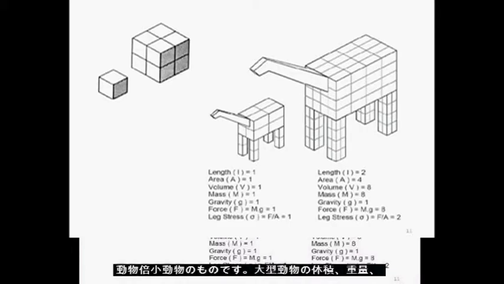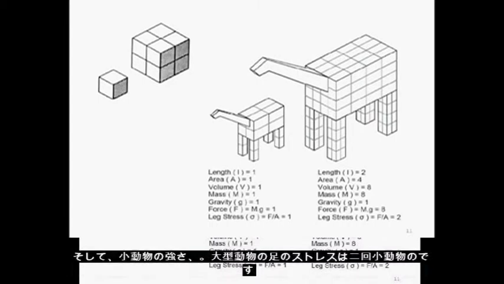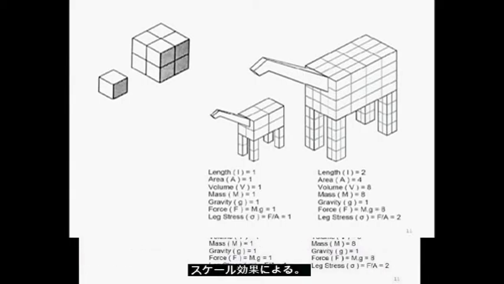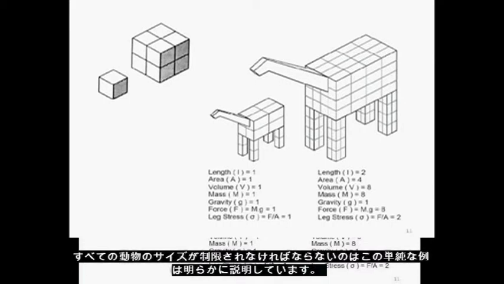The volume and weight of the large animal is 8 times the small animal, but the legs of the large animal are only 4 times the area and strength of the small animal. The large animal's leg stress is twice the small animal's leg stress because the weight of the large animal has increased quicker than its strength due to the scale effect. This simple example clearly explains why all animals must be limited in size.